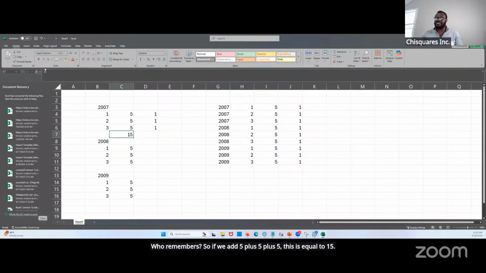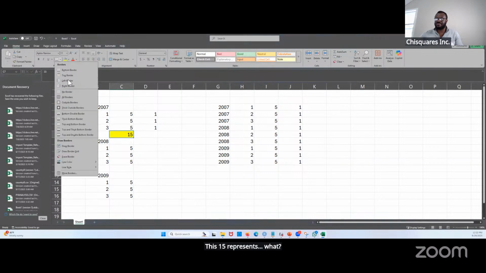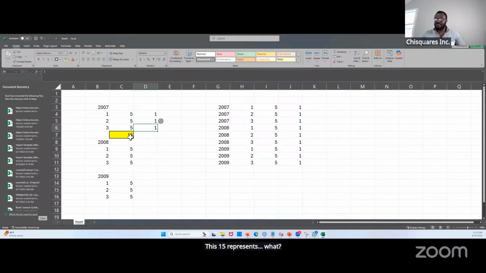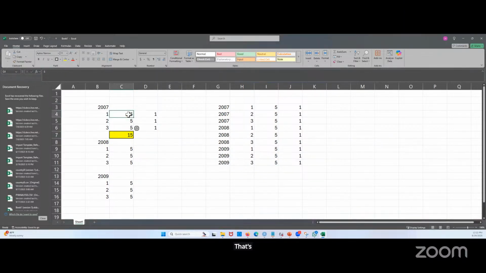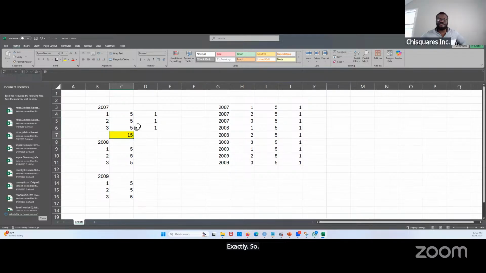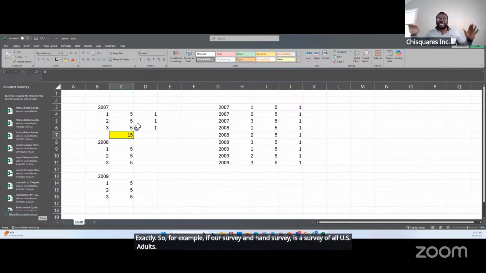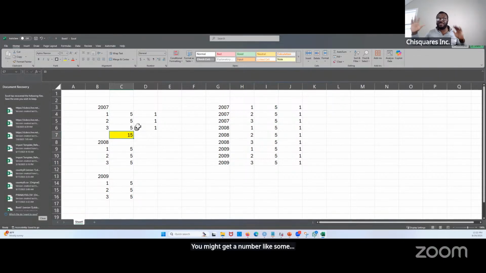This 15 represents what? It's the total population. Exactly. So if, for example, our survey, the NHANES survey, is a survey of all US adults, we might get a number like 200 or 300 million, whatever that number is, right? That is the total population size.